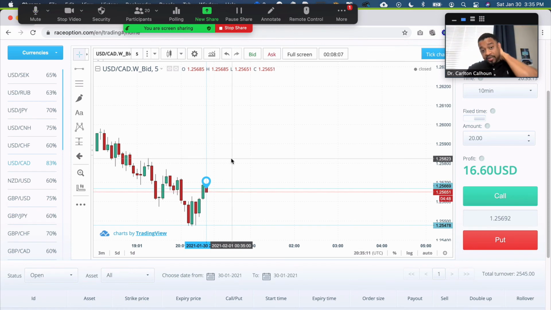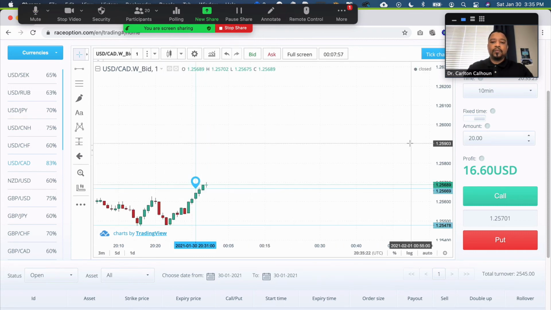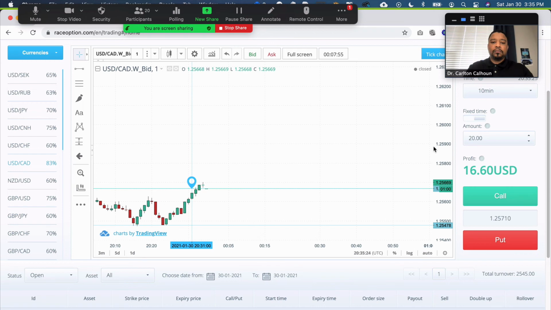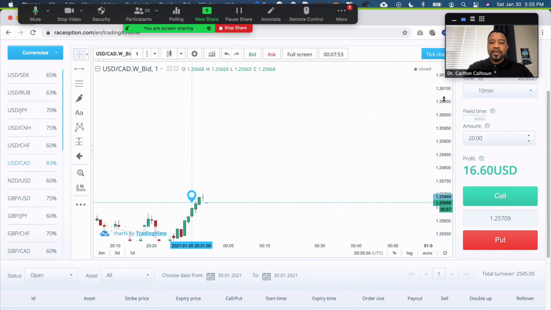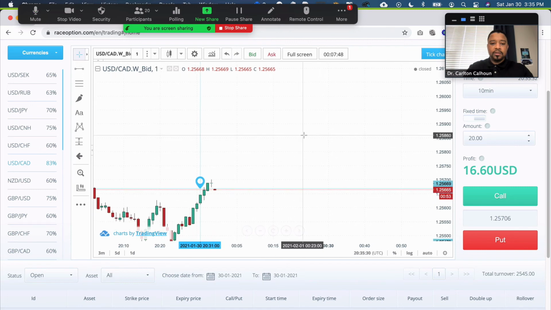Ten minutes was probably a bit long, but that's what it is. Uh-oh, it's forming an evening star. Let's see what it does.